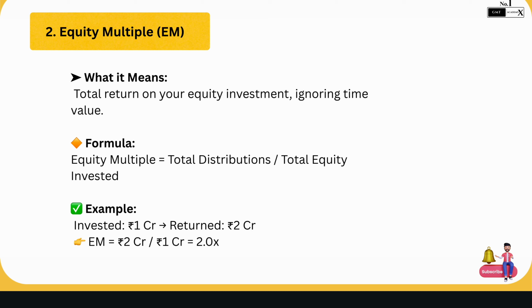The formula is total distributions divided by total equity invested. Equity means capital. Example: invested 1 crore, returned 2 crores. So 2 crores divided by 1 crore gives a 2.0x return, which is received by the investors. This is how you can calculate it.